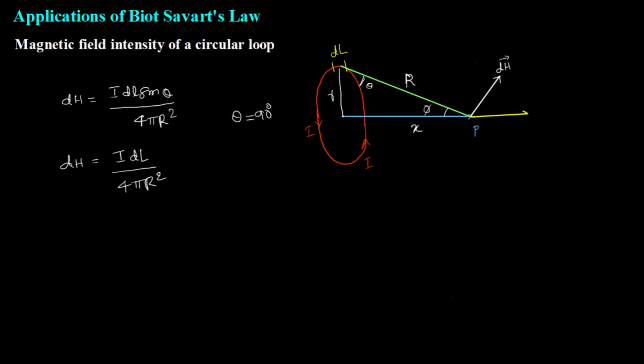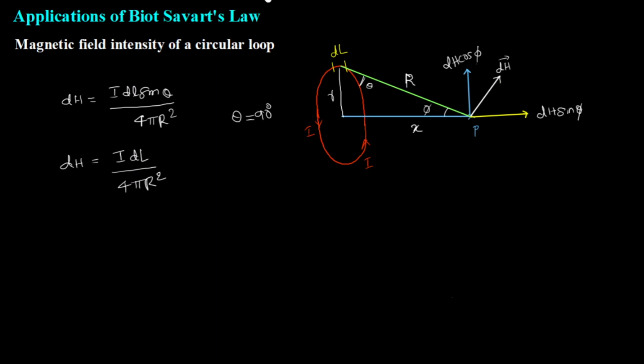So this is the angle phi. Considering the symmetry, I can consider this angle is also phi. So the horizontal component will become dH sin phi and the vertical component will become dH cos phi. You know how to take horizontal and vertical components. So this is dH cos phi and dH sin phi.